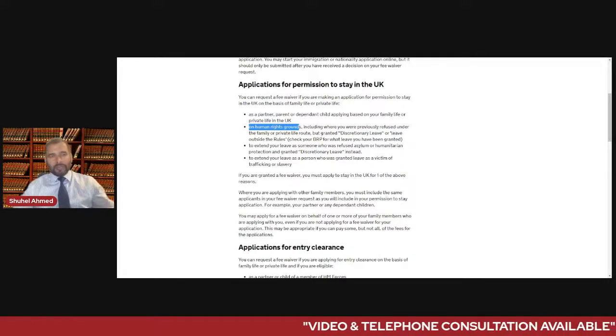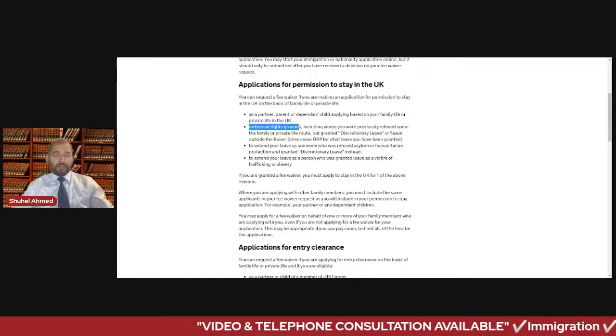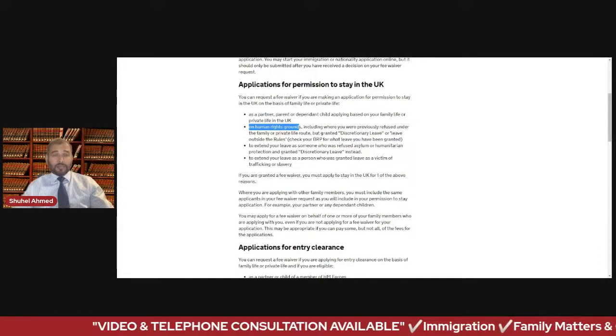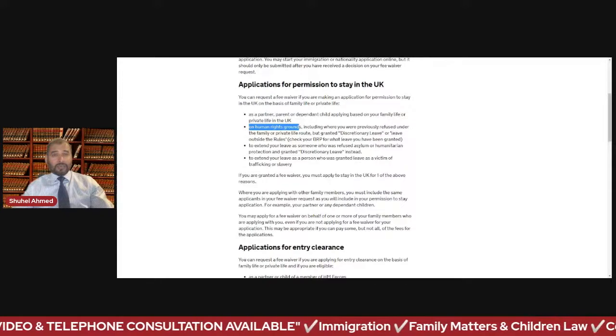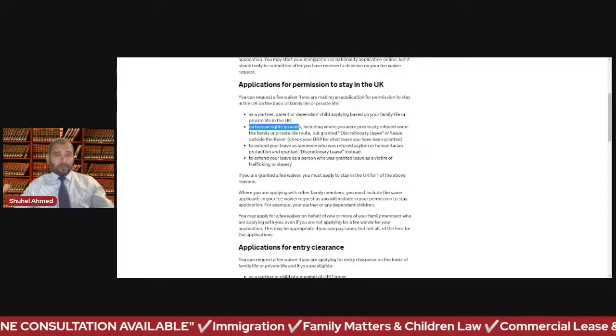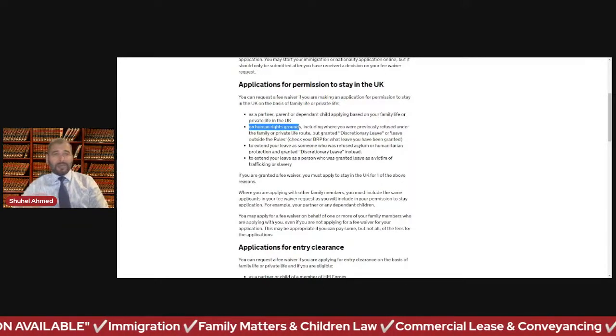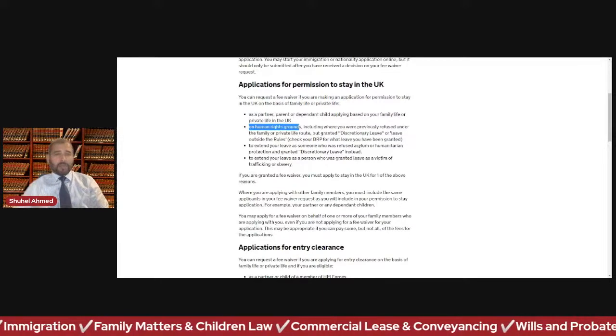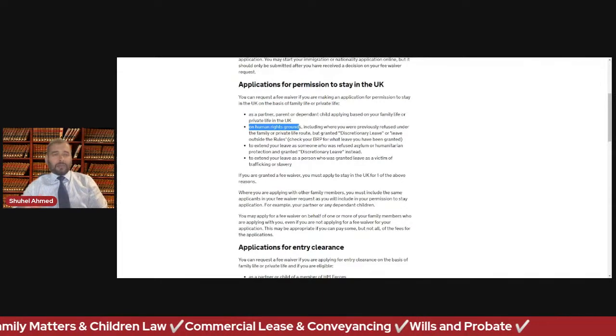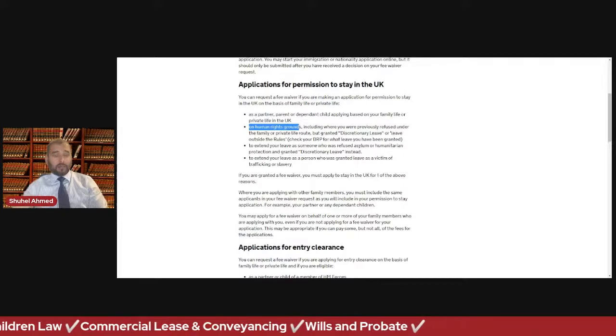You can make an application under Article 2, Article 8, Article 6, Article 5. So whatever it is, for example, the right against torture, medical grounds, right to life, right against unlawful detention.